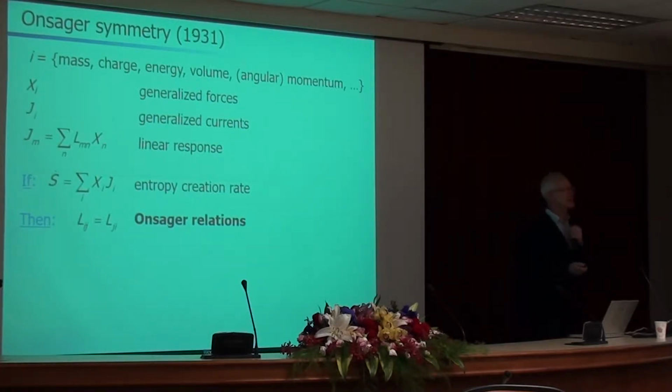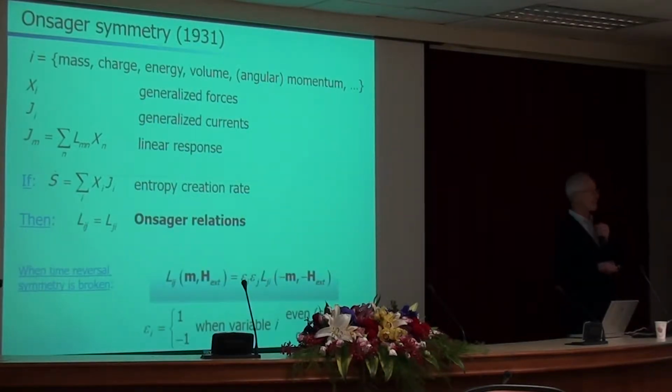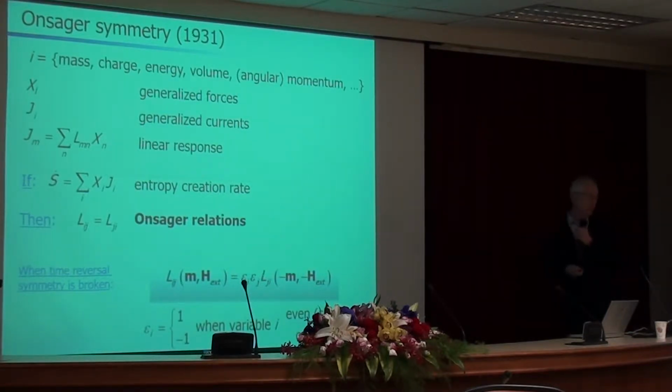Of course, in systems with magnetic fields or magnets, we know that time reversal symmetry is broken. Then we have to be a little bit more careful in order to derive the symmetry. We have to reverse magnetizations and magnetic fields, and take into account phase factors. But in principle, it is the same.